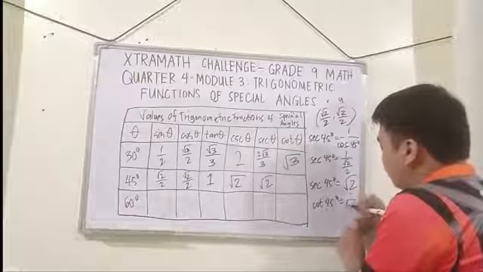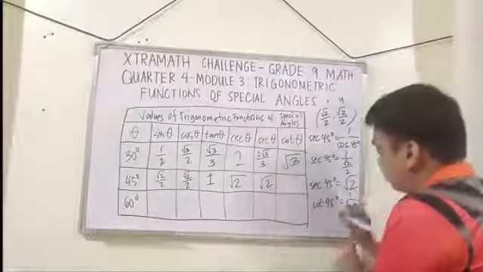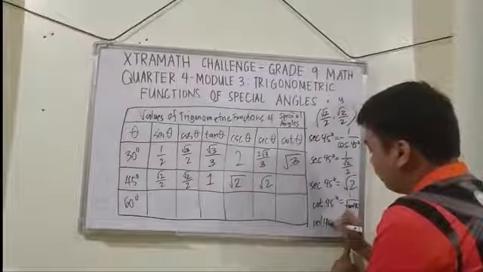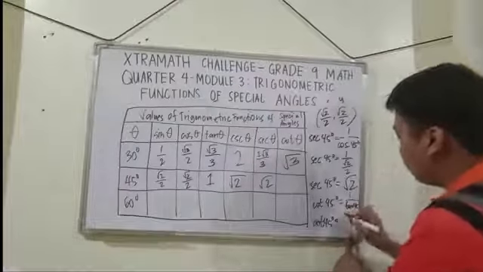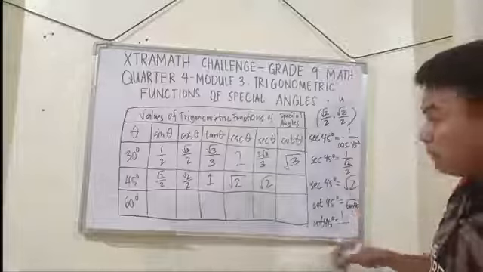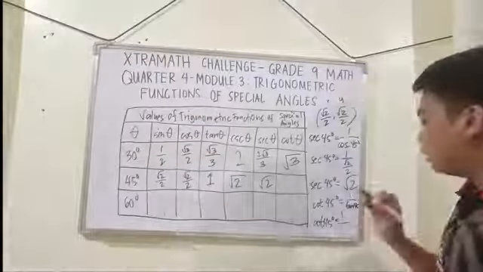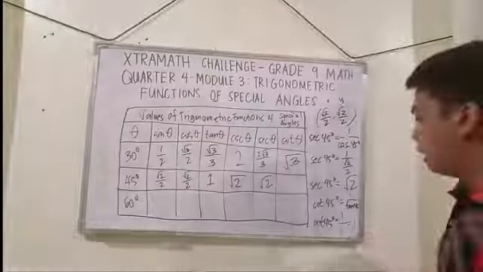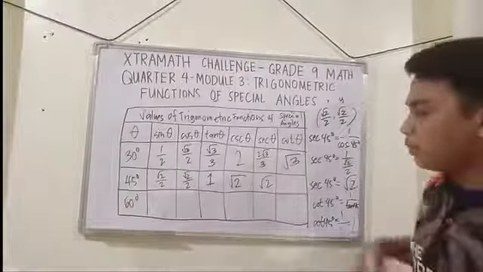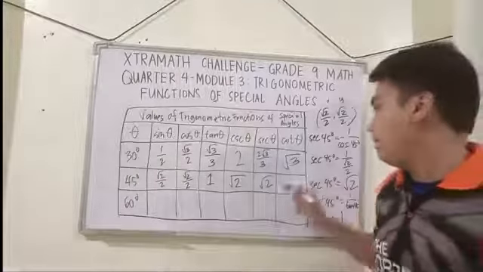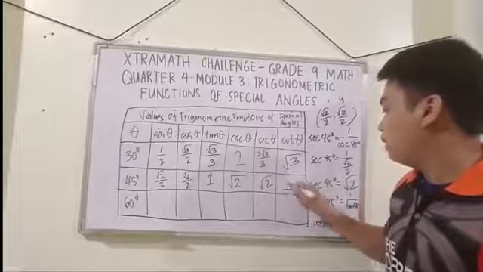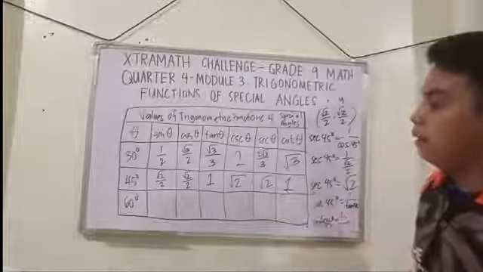So 1 over tangent of 45. So cotangent of 45 degrees is equal to 1 over tangent of 45, which is equal to 1. That means that cotangent of 45 degrees is also equal to 1, because the reciprocal of 1 is also equal to 1. So we have here 1.